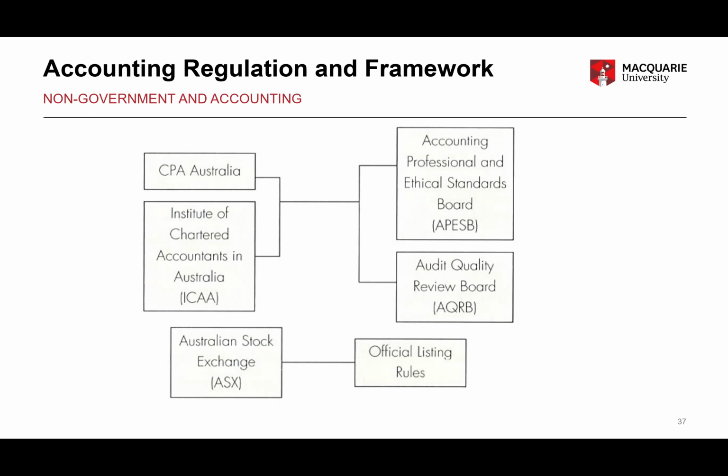It's actually an independent company, and in fact it is itself listed on the stock exchange, which is really interesting. So ASIC, the government body, oversees the Australian Stock Exchange, but the stock exchange regulates the companies that are listed there. It's interesting to see both government and non-government regulators.